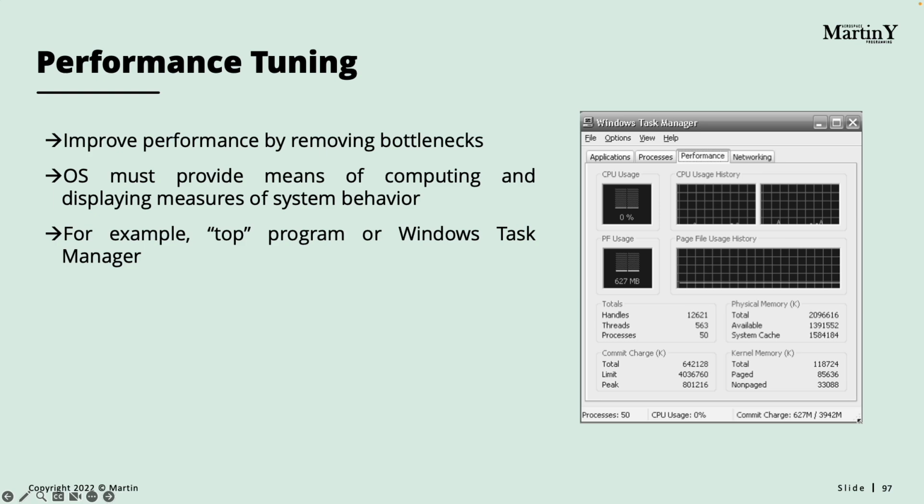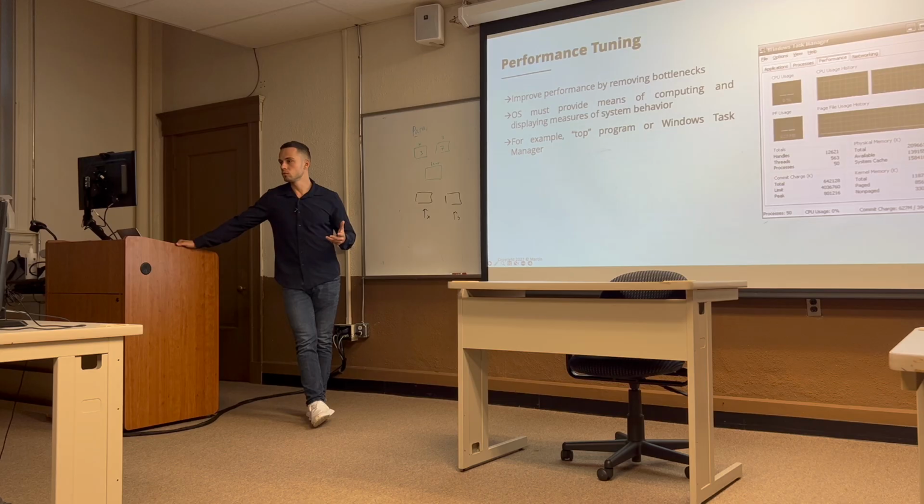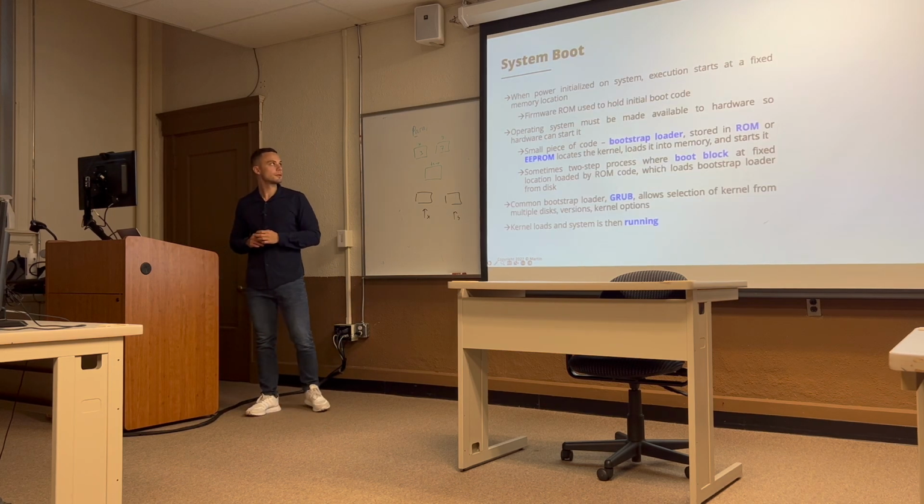So when we build an operating system, obviously we want to have this type of tool to allow the user to actually free some memory if the user is not a programmer. Okay, this is sometimes a very big issue with operating systems, that they are actually getting slower and slower over time, and normally this is because more and more processes are running in the background when you start them. Okay.